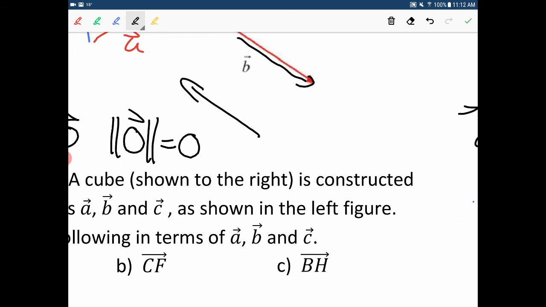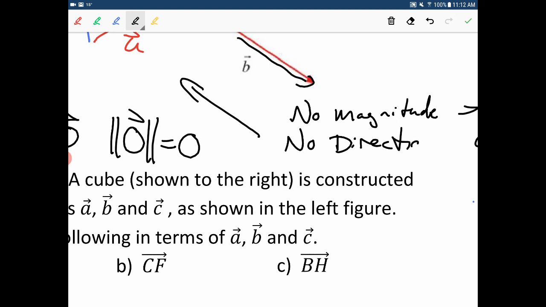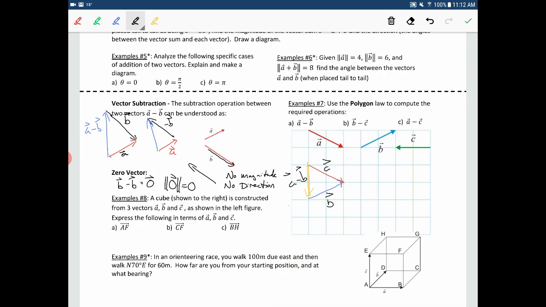So it has no magnitude. It also has no direction. Okay, and so it has no magnitude and no direction. And yeah, so it's a very useful tool that will come up over and over in various ways. It doesn't seem obvious right now necessarily, but trust me, it will.